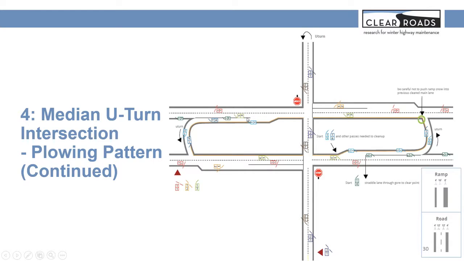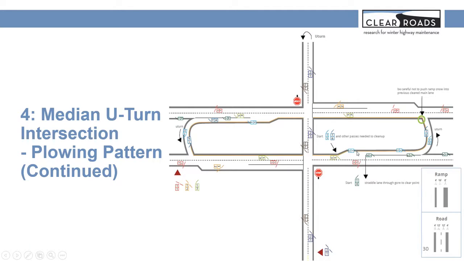The same thing, track number 1 continues pass number 4 on the gore area and continues to clear the left shoulder with the front plow, only pushing snow to the left. And when it finishes pass number 4, it comes back to the U-turn ramp and starts pass number 5.